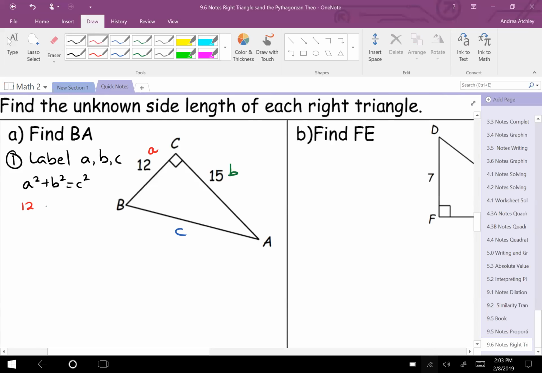So we're going to have 12 squared plus 15 squared equals the C squared. It's going to give me 144 plus 225 equals C squared.